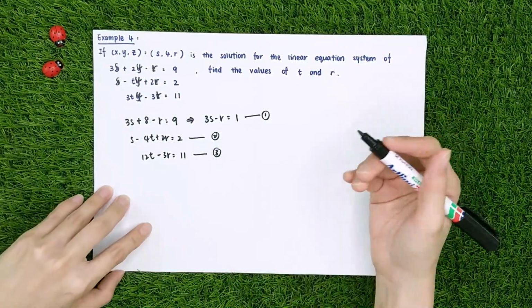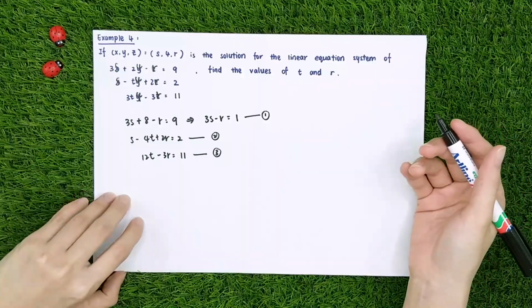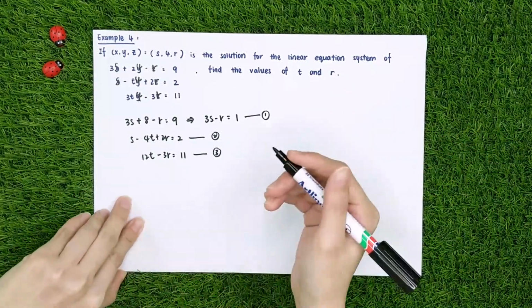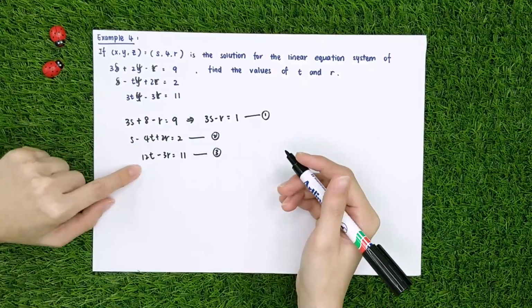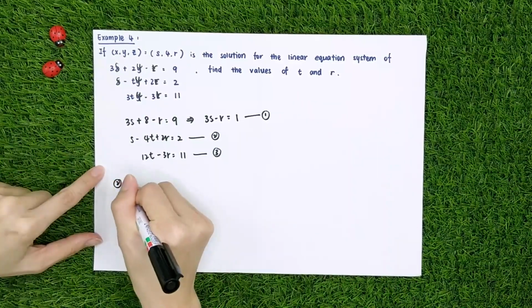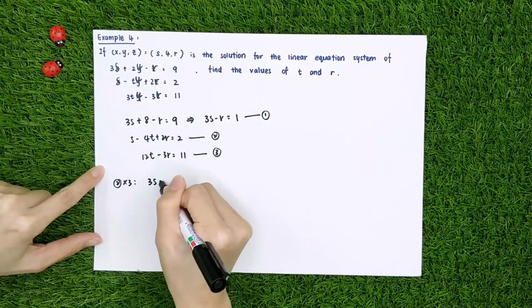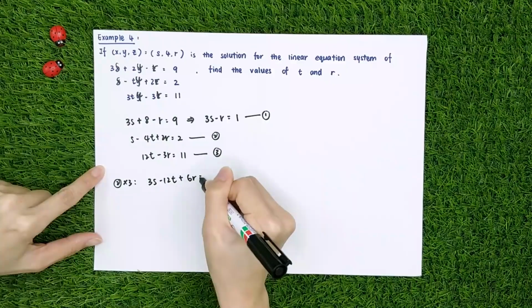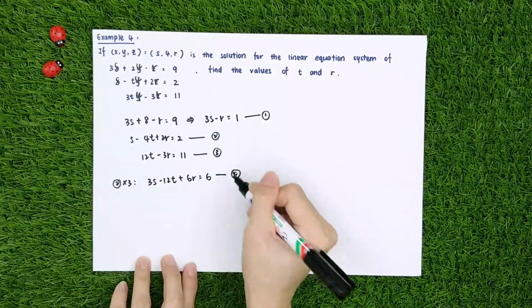Since the question doesn't mention that we have to use the elimination or substitution method, I can choose either way. Now I will choose to multiply my equation 2 by 3, so I can eliminate the t. Times 3, it will become 3s minus 12t plus 6r equals 6, which is equation 4.